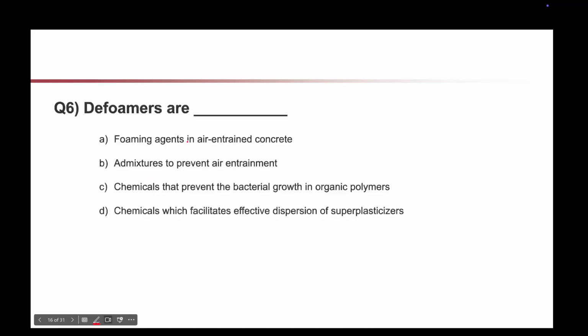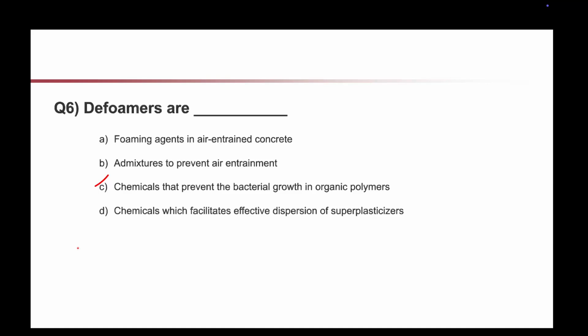Next question is, defoamers are: a foaming agent in air entrained concrete, an admixture to prevent air entrainment, chemicals that prevent bacterial growth in organic polymers, or chemicals which facilitate effective dispersion of superplasticizer. C. Okay.